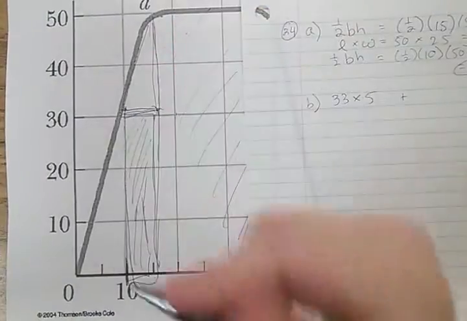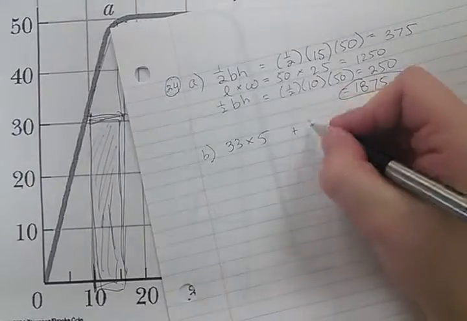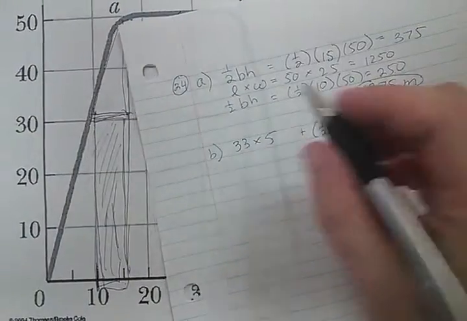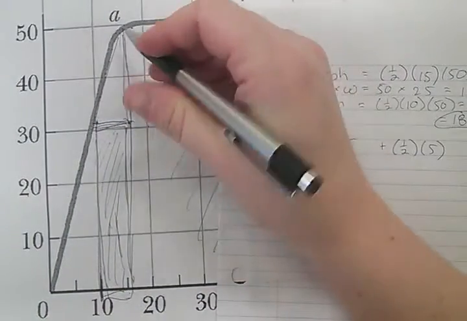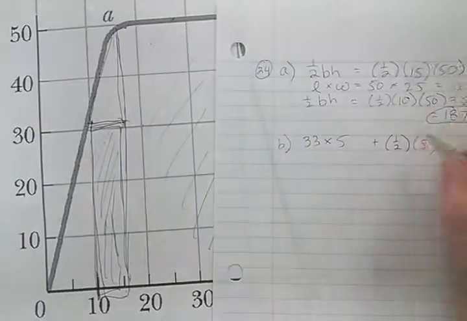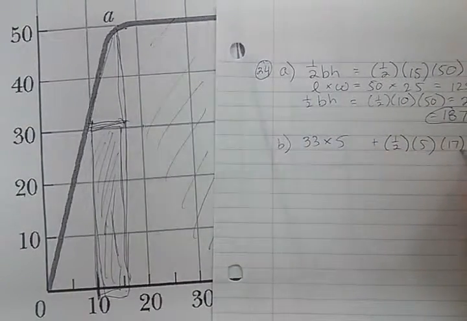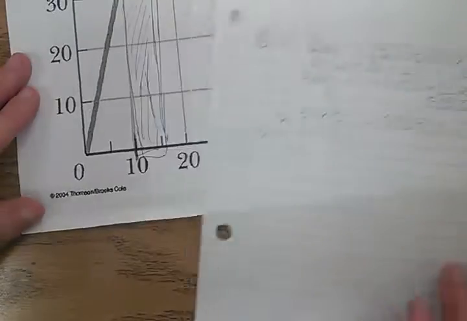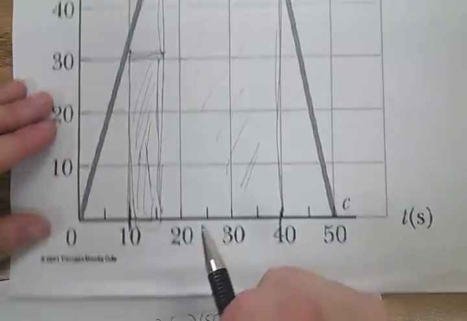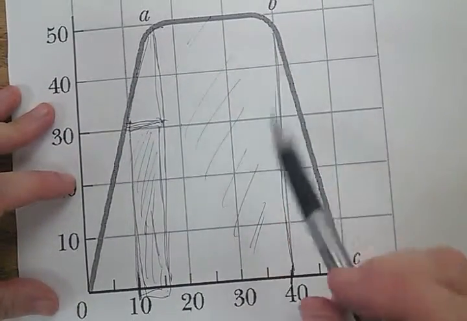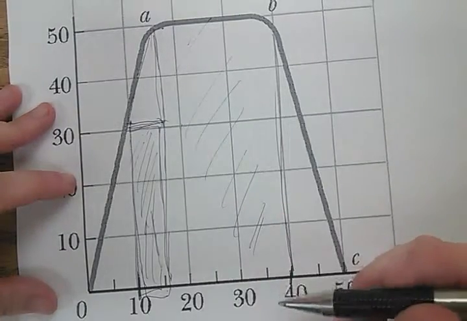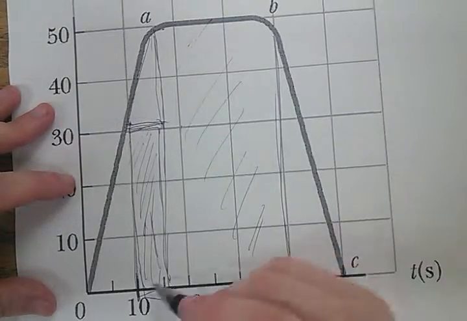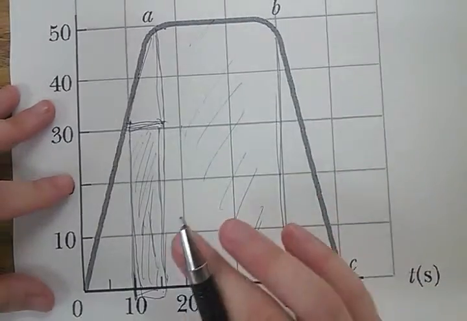Then for this small rectangle, the base is going to be 5. And then the height is going to be 50 minus 33, which is 17. And then this rectangle here will have a height of 50, and the width of 25.